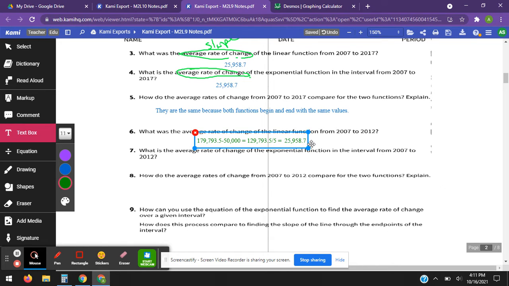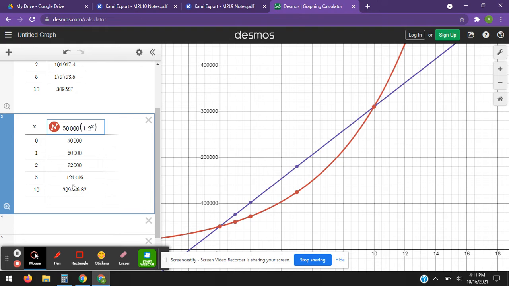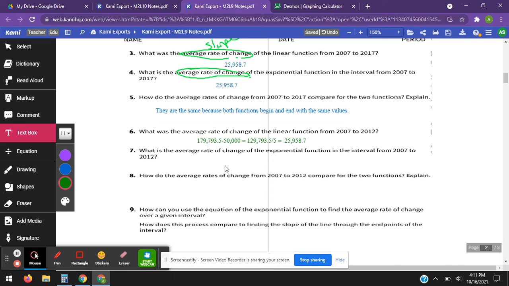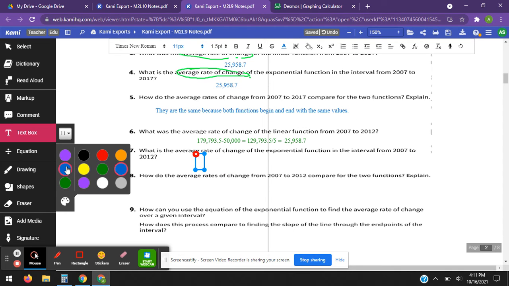Now what's the average rate of change in the exponential function in the interval from 2007 to 2012? If we look at the exponential, its 5-year value is 124,416. Let's go in blue on this one. 124,416 minus 50,000.